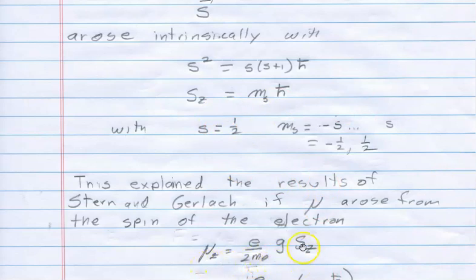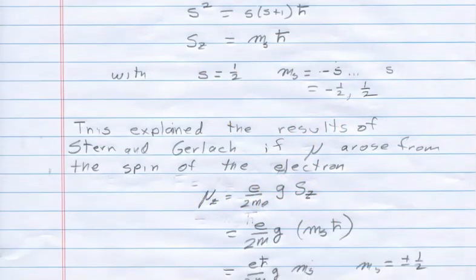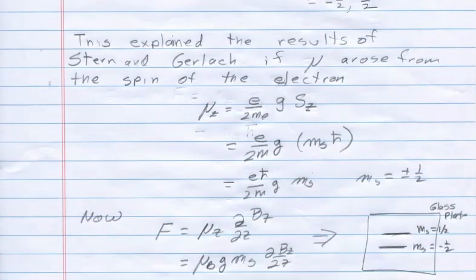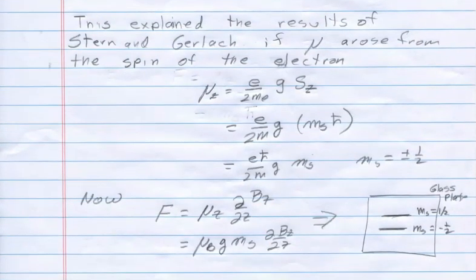Mu z is this factor here, and in fact, the z component of force, if you plug all this in, m sub s is plus or minus 1/2, and so if m sub s is plus 1/2, you get the line up here, and if m sub s is minus 1/2, you get the force deflecting it the other direction.